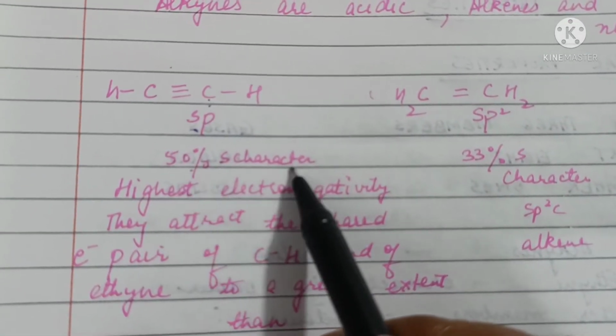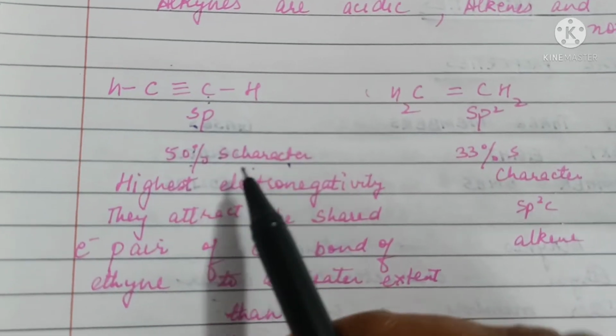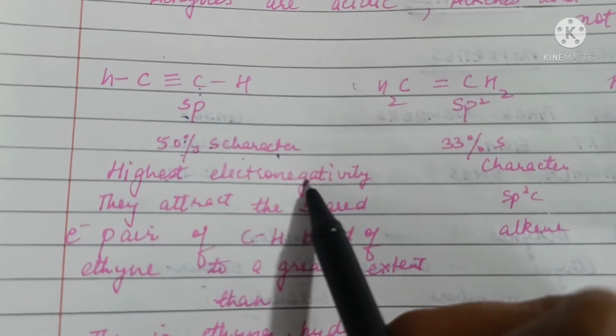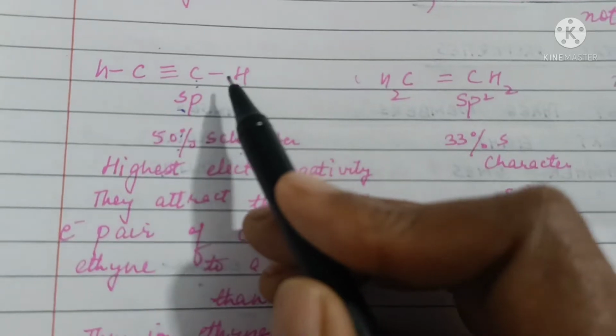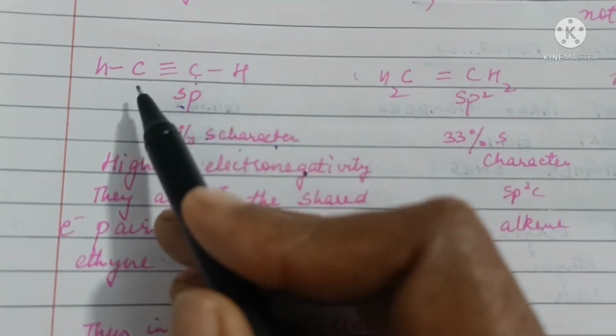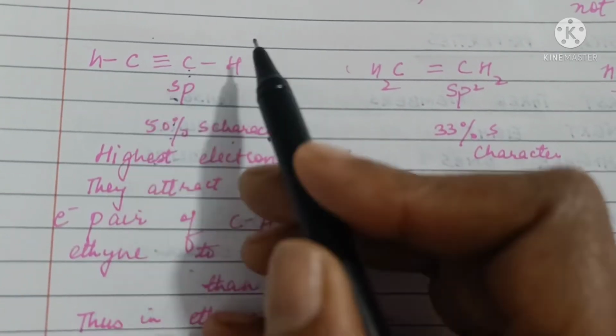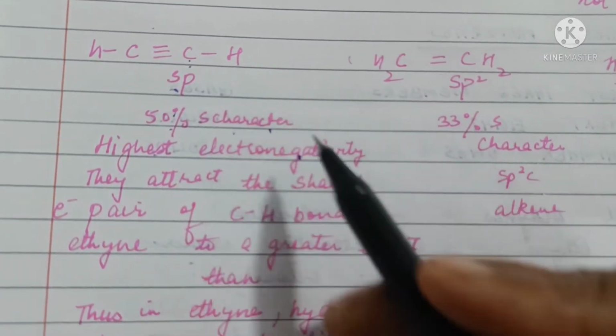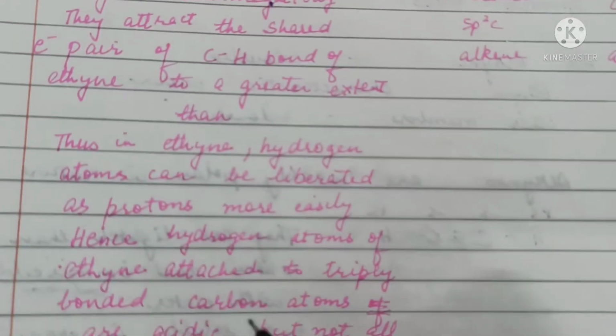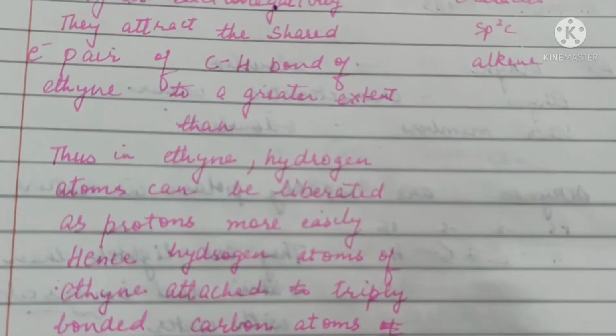They have 50% s character, because of which they have the highest electronegativity and attract the shared pair of electrons toward themselves. As a result, this bond is weak and more towards carbon, and the release of proton is easier, so they are acidic in nature.